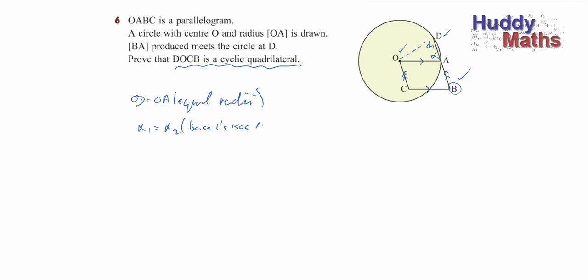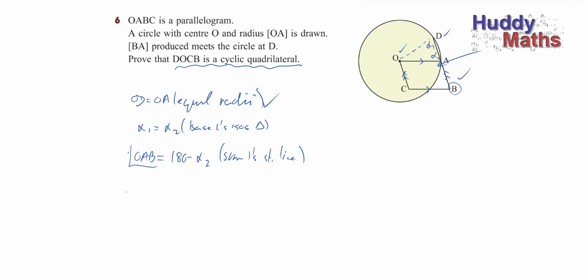So see how it's building? This one piece of hidden given information being in a circle, always hidden, equal radii. So now, what can we do? Well, we can say angle OAB, that's this one in here. Let's get in there and use that parallelogram. Angle OAB is 180, take alpha 2 in there, and that's angles on a straight line.